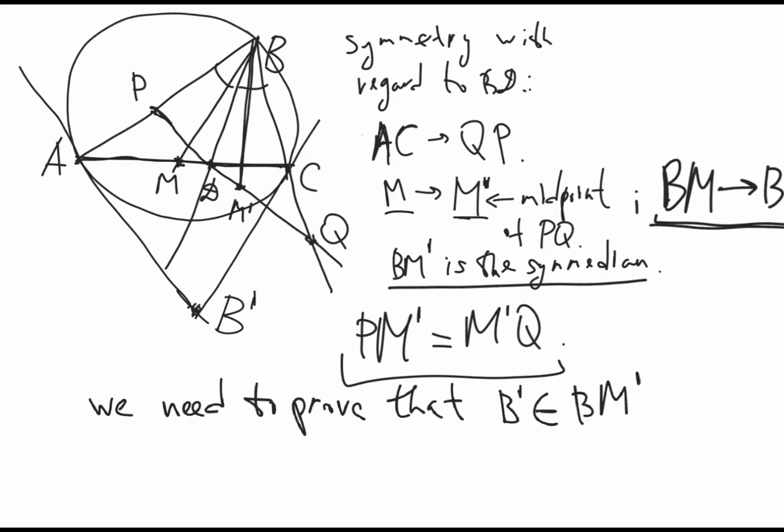We just established that BM prime is the symmedian, and this is exactly what we need to prove: that BB prime is the symmedian, which is equivalent to saying that B prime belongs to the symmedian. So B prime belongs to this line BM prime.